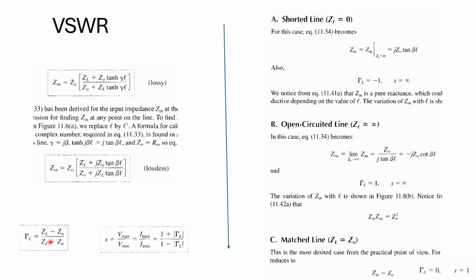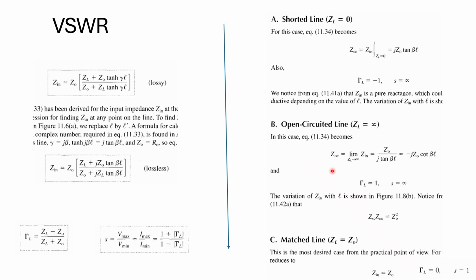Just put the values of ZL and Z0 here, where ZL is equal to 0, and you will get tau. Similarly, in order to find S, first find tau, then put the value of tau here, and you will get the value of S. For open circuited, ZL will be infinity, because the transmission line length is very large.